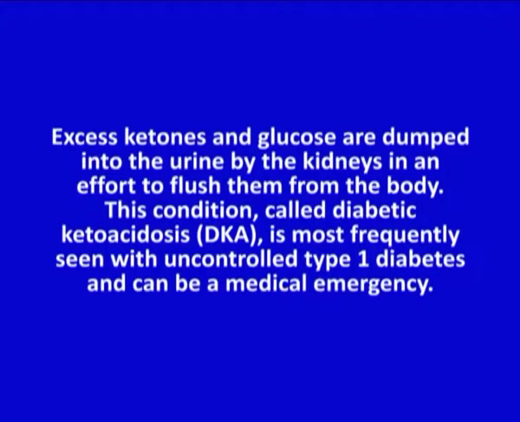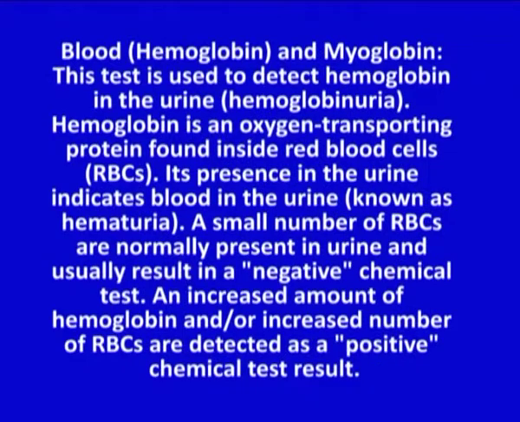Excess ketones and glucose are dumped into the urine by the kidneys in an effort to flush them out of the body. This condition, called diabetic ketoacidosis (DKA), is most frequently seen with uncontrolled type 1 diabetes and can be a medical emergency.